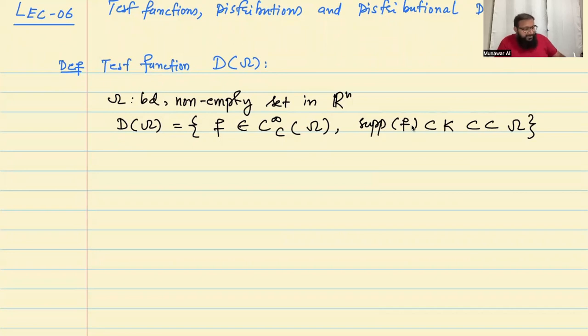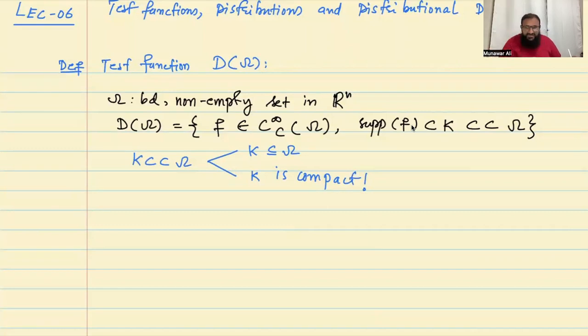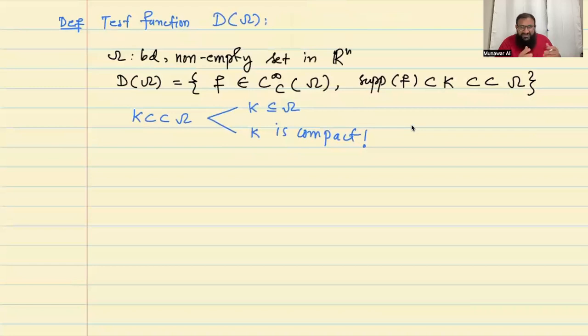So whenever I write this, it means one thing is K is contained in omega, and second thing is K is compact. So this is how we define the space of test functions. And whenever we define a space, we also define some other notions on the space, like how do we define the convergence in these spaces and so on.